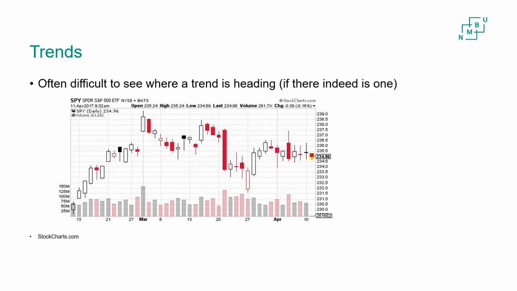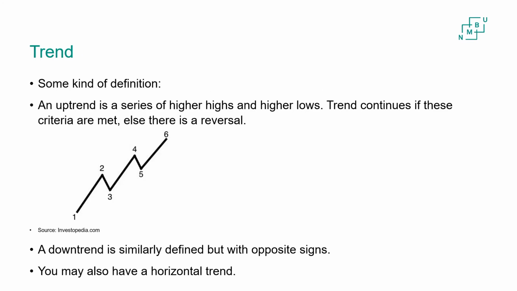So how do you actually find the trend? There might not be a trend, so we need a definition of what a trend is. We can define an uptrend as a series of higher highs and higher lows.